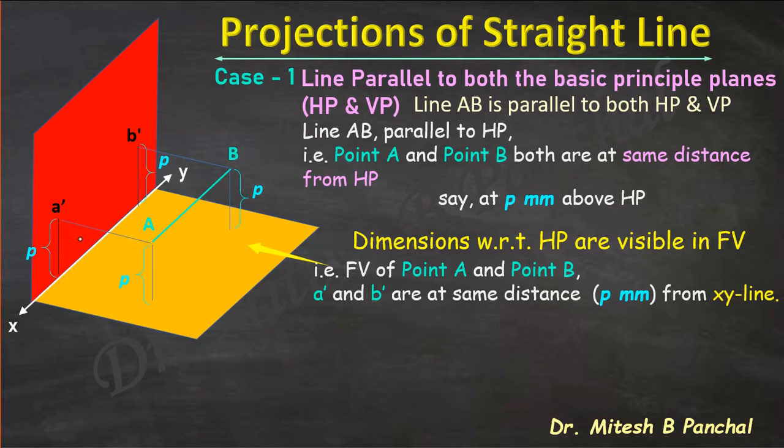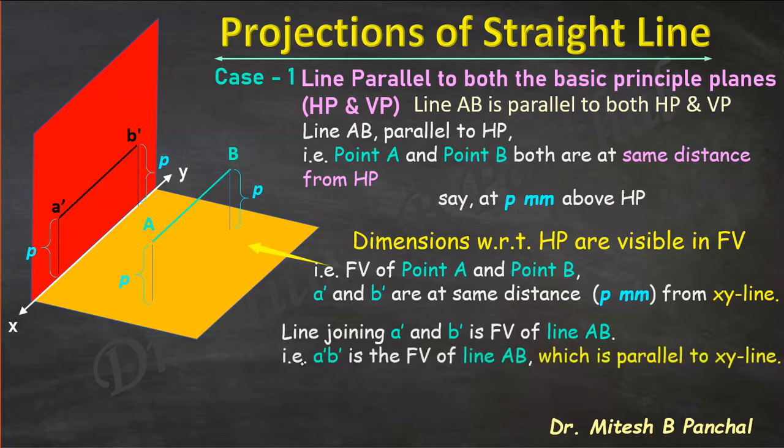If we join A dash and B dash, that means front view of point A and front view of point B, that will give you front view of line AB. So joining A dash and B dash, front view of line AB is obtained. That means A dash B dash, okay, which is parallel to XY line.